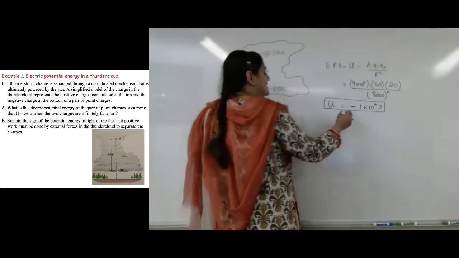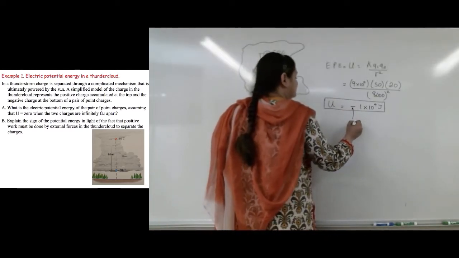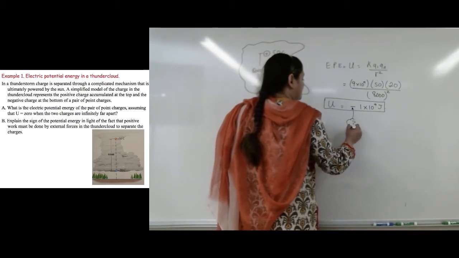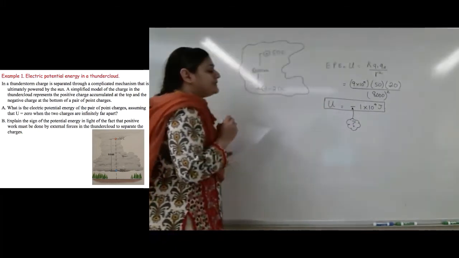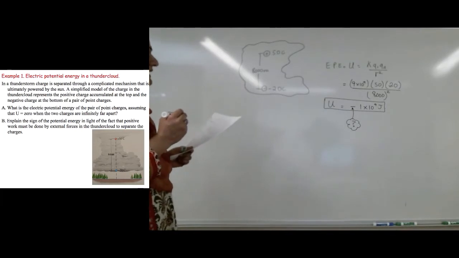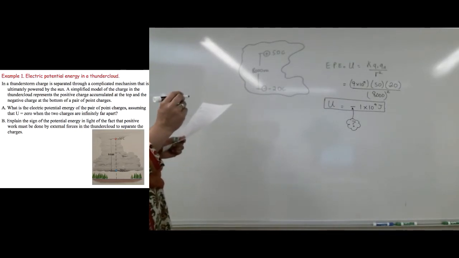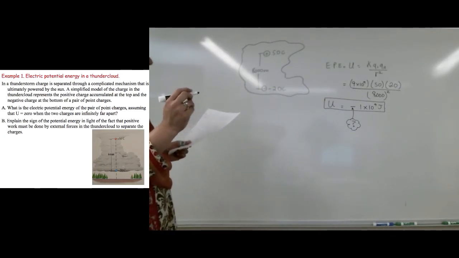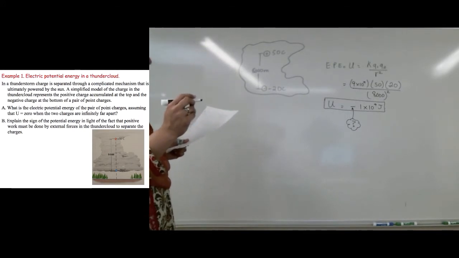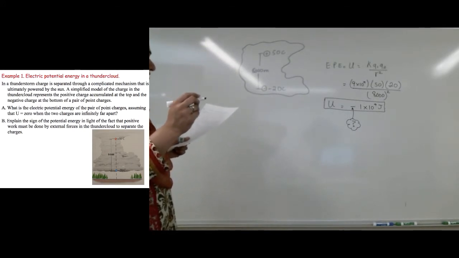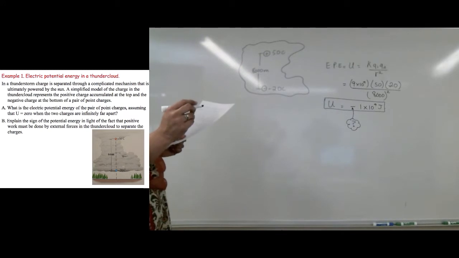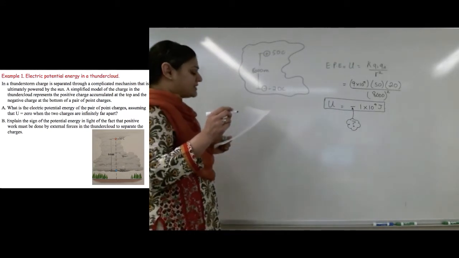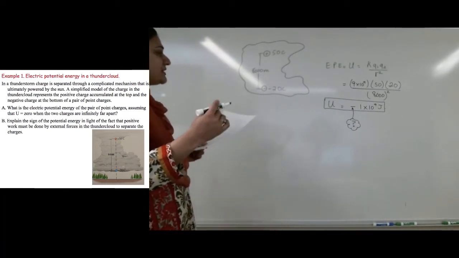Now part B, it asks me, what about this sign? Okay? What did we know? We knew that if U equals 0 at infinite separation, the negative sign means that if the 2 point charges started infinitely apart, the potential energy would decrease as they are brought together.